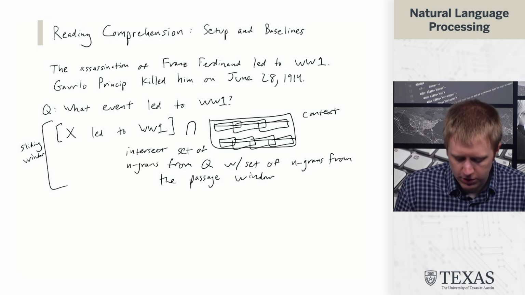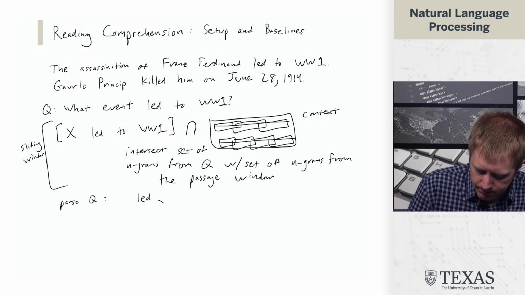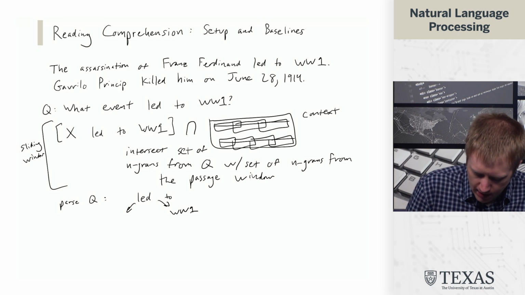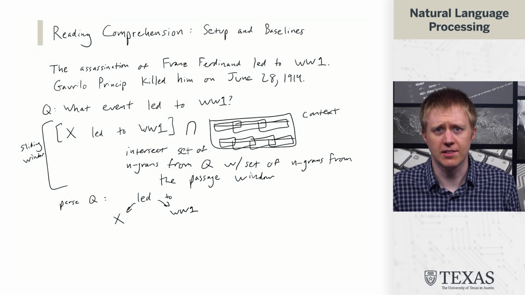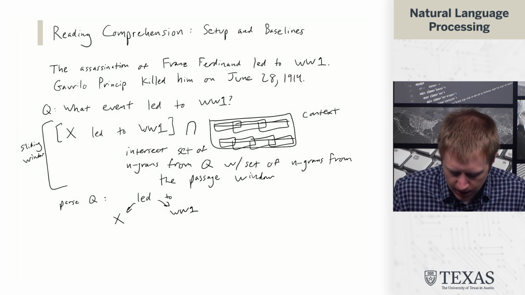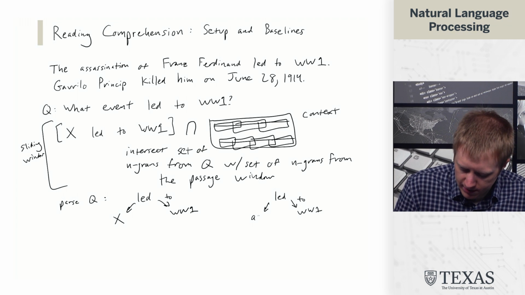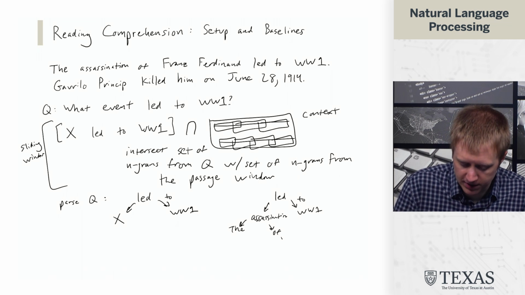We can also think about doing something similar using syntactic parsing. If we parse the question, I'm going to write this in a sort of reduced dependency representation here, we can get something that looks like this, where we're looking for something that led to World War I. And ideally, in the passage, we also get "led to World War I," and then we get the rest of the dependency subtree over here.